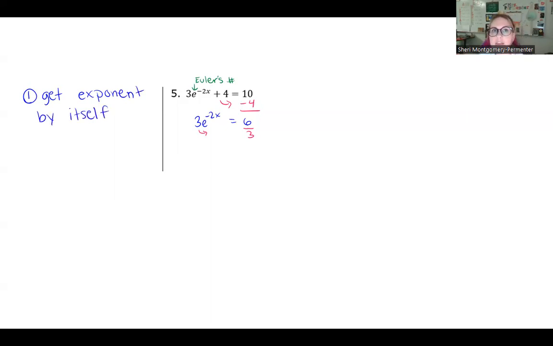Okay, our first step is to get the exponent by itself. So there, we've got the exponent or the base by itself.